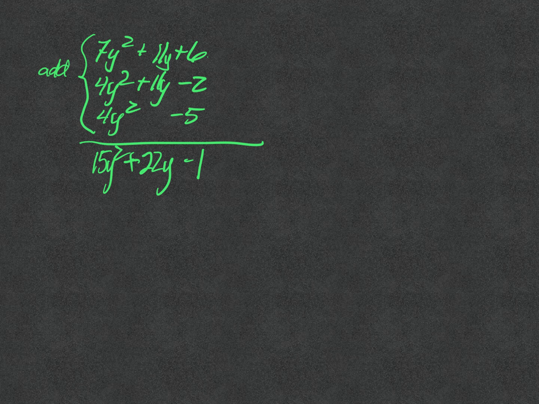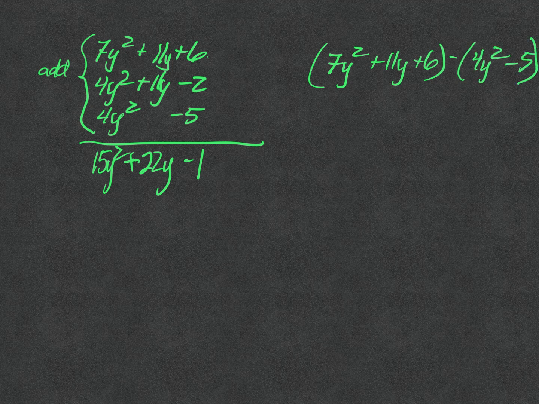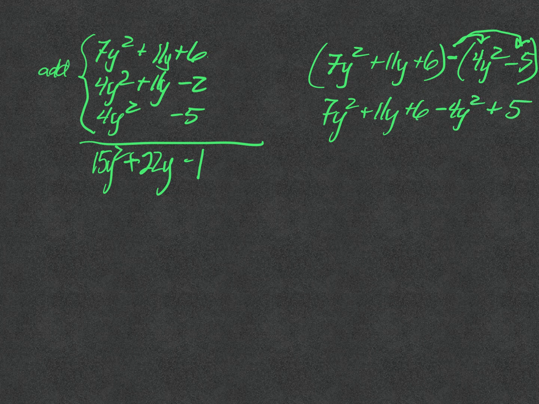Now, what if we want to do subtraction? What if we had 7y squared plus 11y plus 6, and we want to subtract, say, 4y squared minus 5? So, if we have one polynomial subtract another, then we can use the distributive property to take this negative sign, which is now negative 1, times each of these, and rewrite them as negative 4y squared plus 5, like that.